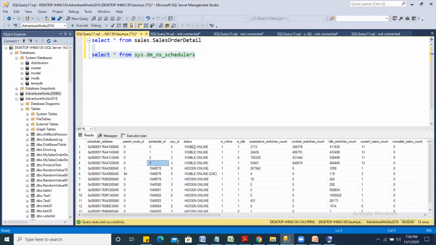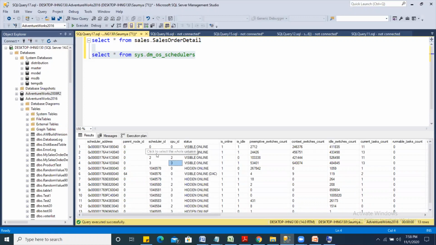All user schedulers are always visible and online. The rest are system schedulers, right? They all are tied with some CPUs, but their IDs start with some random numbers, not in serial fashion like 0, 1, 2, and 3. So I have 4 user schedulers tied with 4 CPUs.